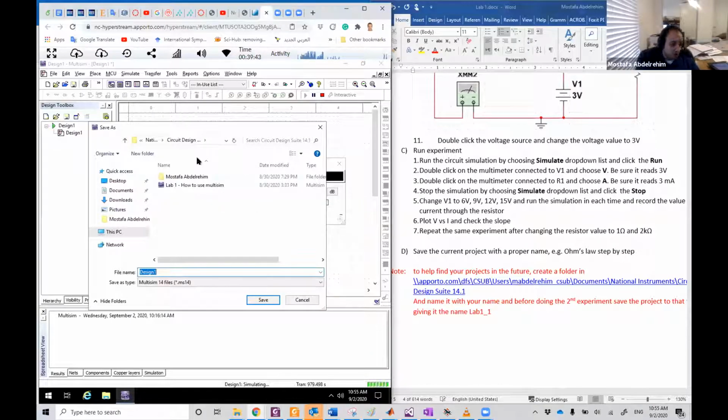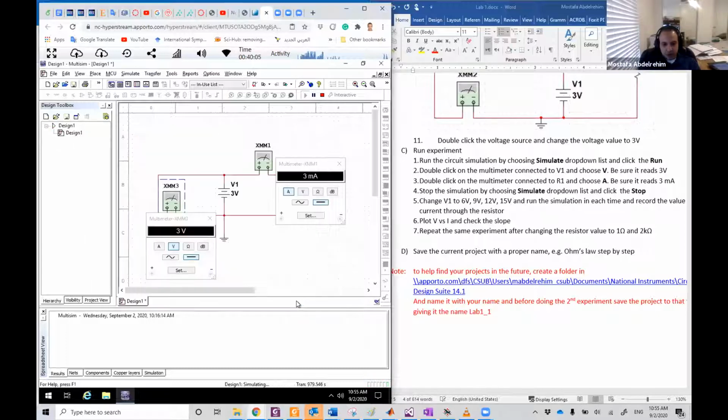Just create a folder for yours, open this folder, and choose any proper descriptive name for it, for example, Ohm's law verification step by step. I already have it, of course, so I will not do that.